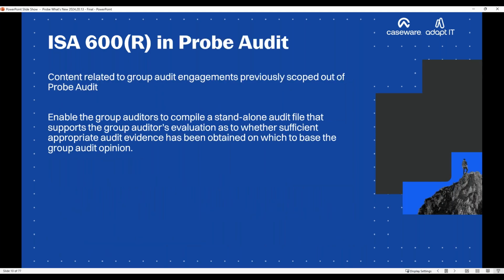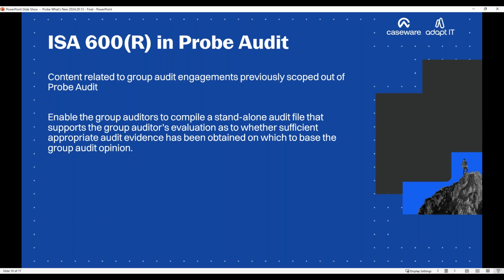Now, how does that then play out in Probe? I have said that previously this was scoped out of Probe audit. So if you don't want to early adopt, for example, there's no other option, no other old template in Probe. You might remember way back when we had ISA 540, the accounting estimates, we actually had the effective date in the programming.